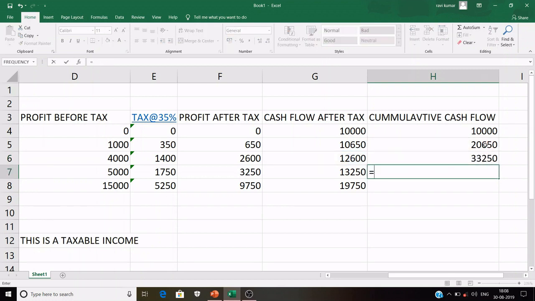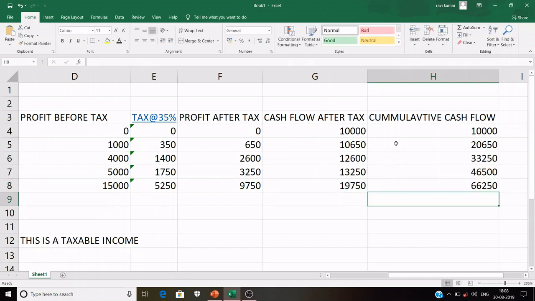Similarly, in the fourth year, I will receive 13,250, but in total, after adding this, it is 46,500 rupees.